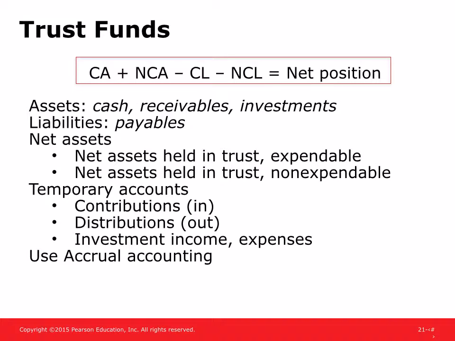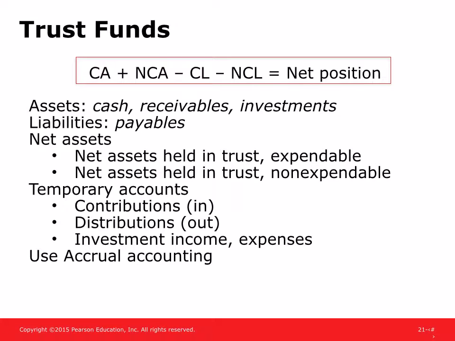So trust funds, again, are similar to agency funds, but a little bit different. This is the basic accounting equation for trust funds, and you'll see that this is the very same one that you see within an enterprise fund, and basically just looks like a manipulation of the basic accounting equation with net position holding the spot of what owner's equity would look like.